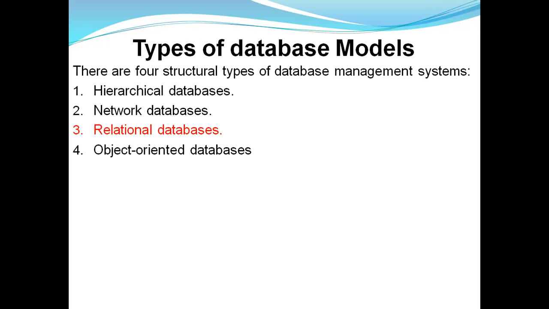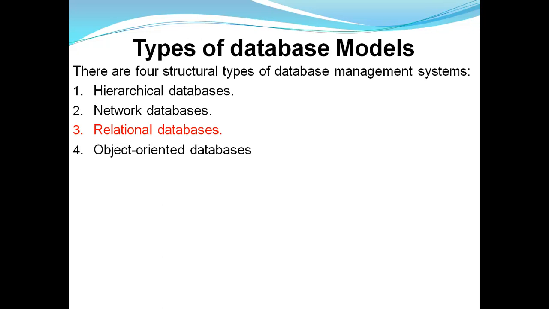An object-oriented database. I hope everybody has heard the concept of OOPS. That is when we store the data in an object-oriented form. Basically, it is used for storing the program code. Now, the main part, relational databases. What is a relational database?